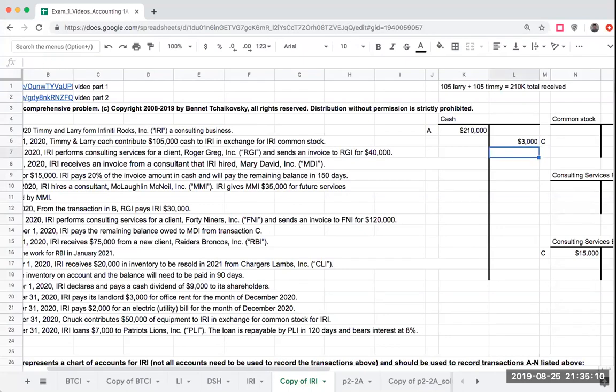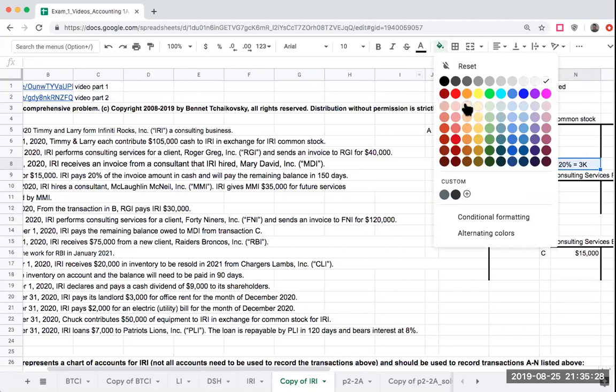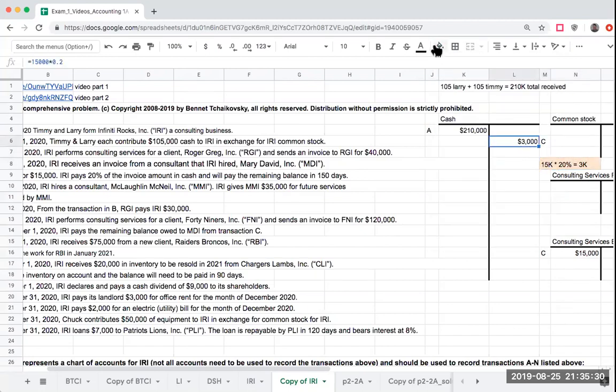Okay. So this is the 15,000 invoice. And when I write the letter K, what does that mean? Thousands. It's in thousands.